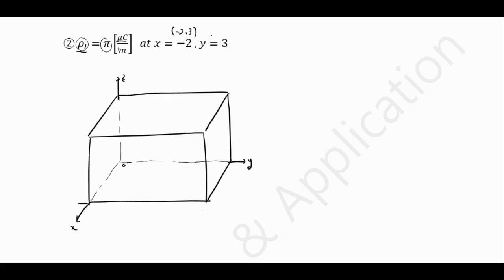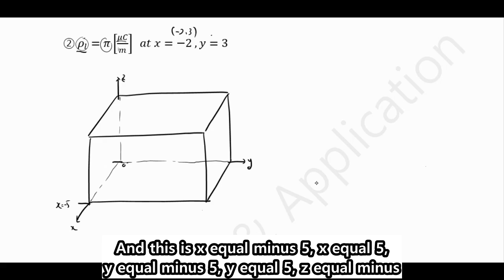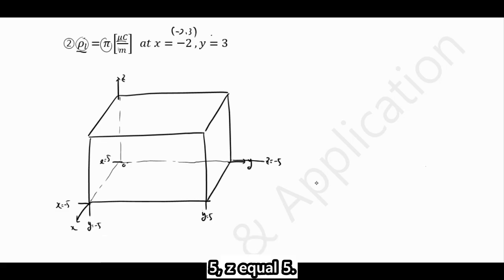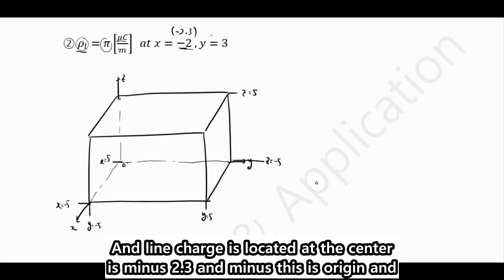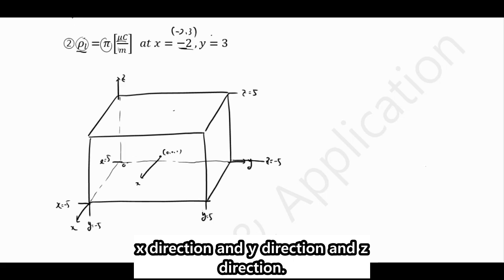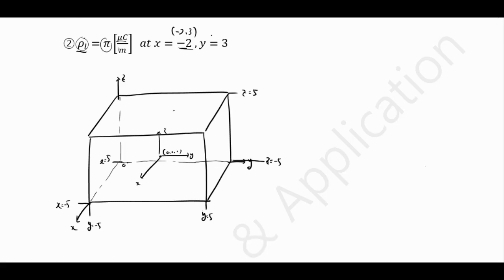And this is x equal minus 5. This is x equal 5. And y equal minus 5. y equal 5. z equal minus 5. z equal 5. And the line charge is located at minus 2, 3, the center of the line charge.